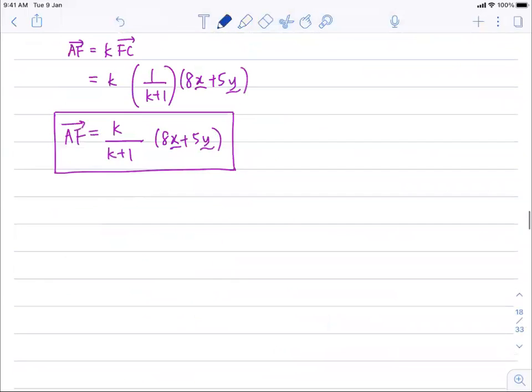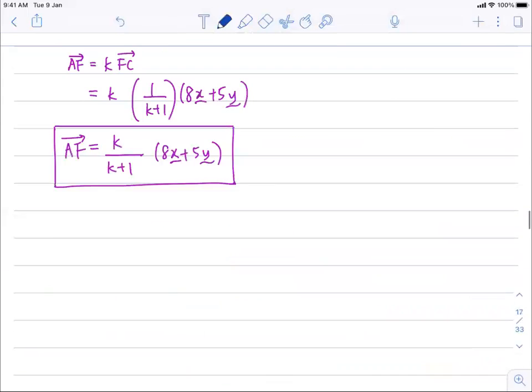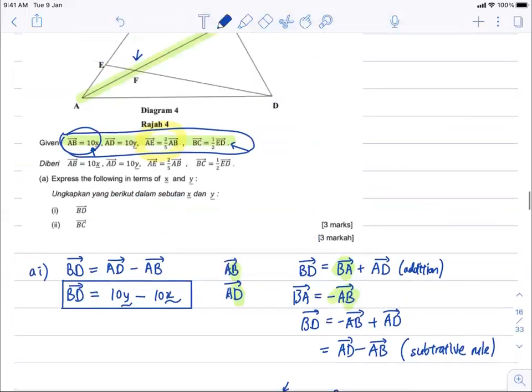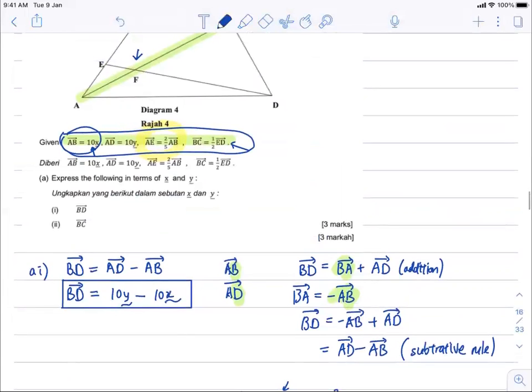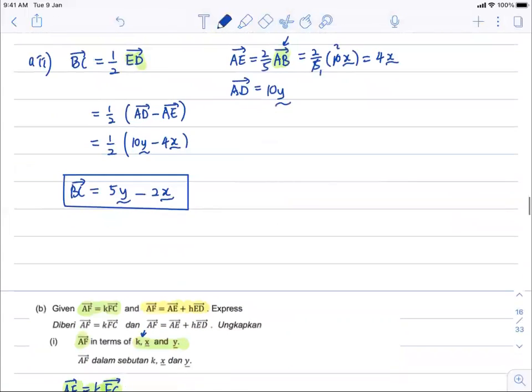So we substitute in AB is equal to 10x plus h, and then we need to find BC. BC as provided in the question, BC is half ED, and here we already calculated BC is equal to 5y minus 2x in part A2.